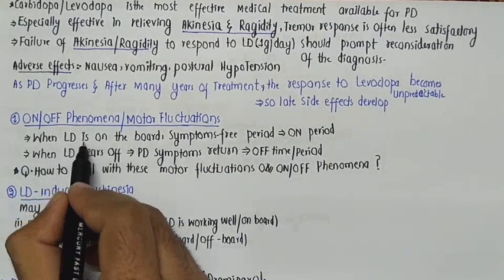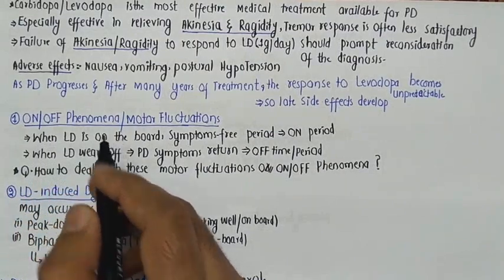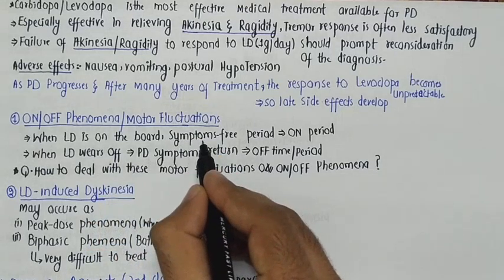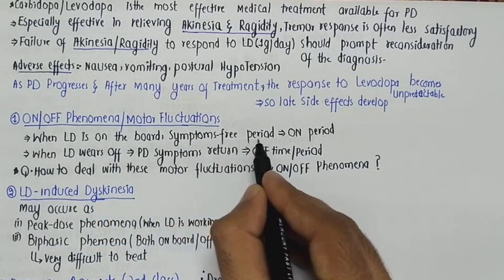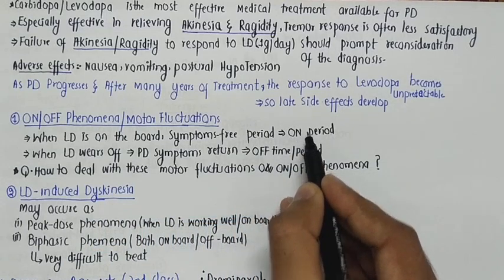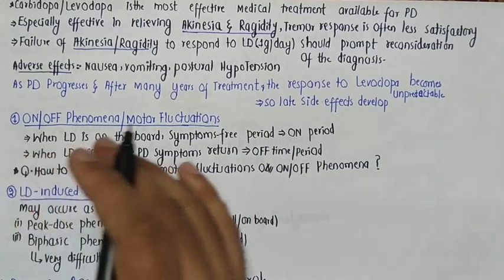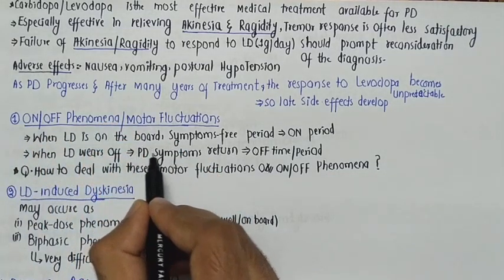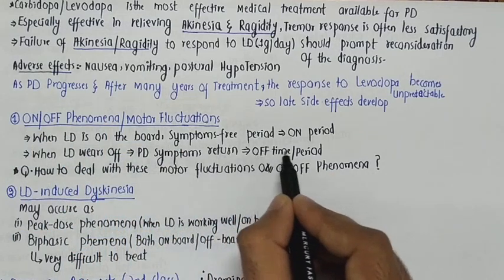When levodopa is working well, there is a symptom-free period, which is called on time. When the dose wears off, the Parkinson disease symptoms return, which is called off time.